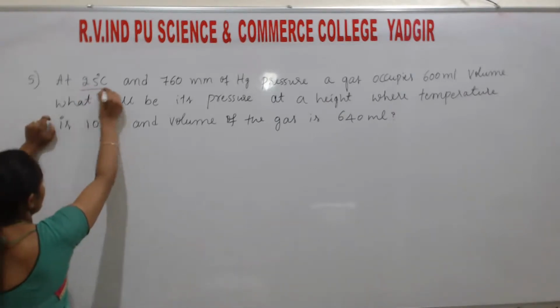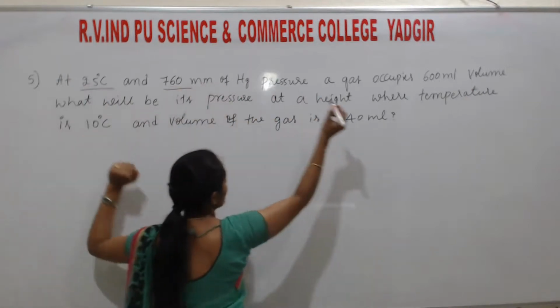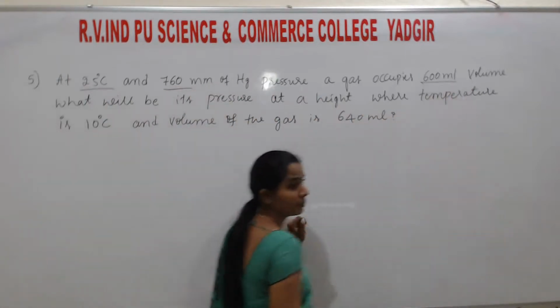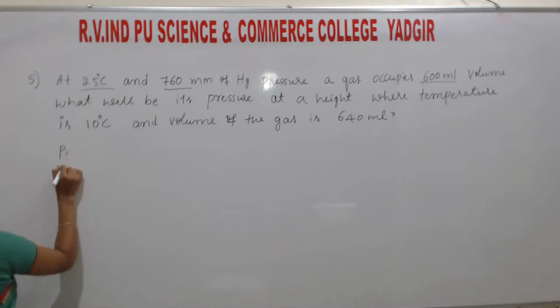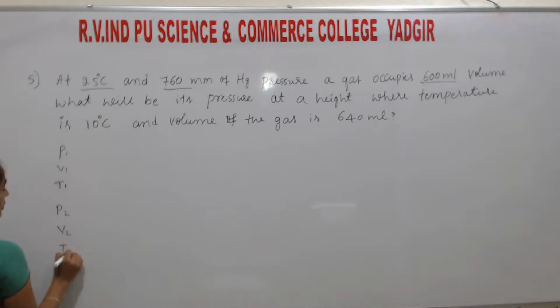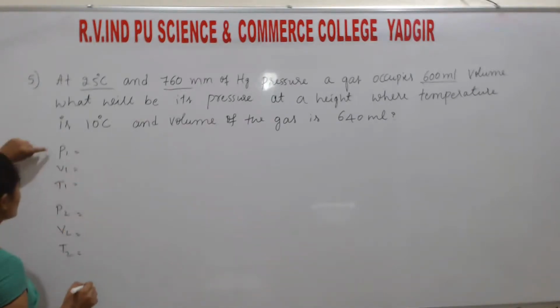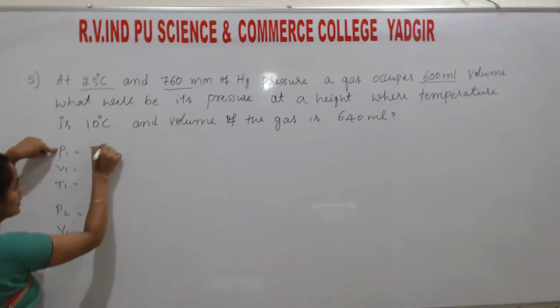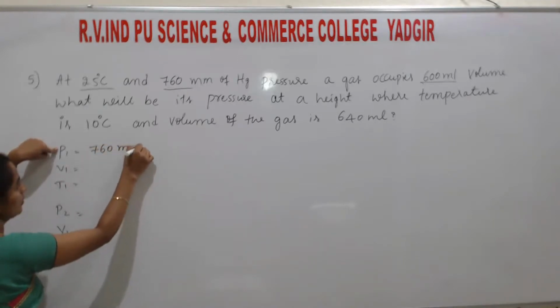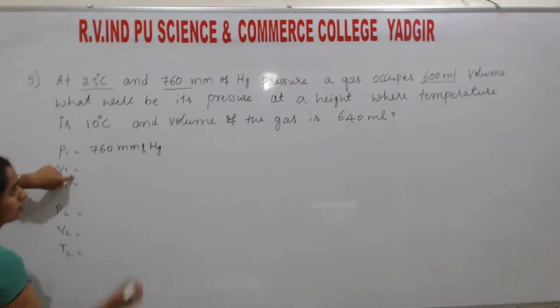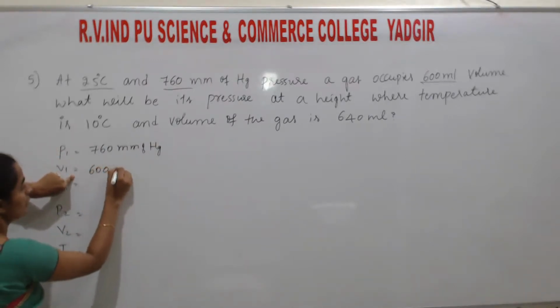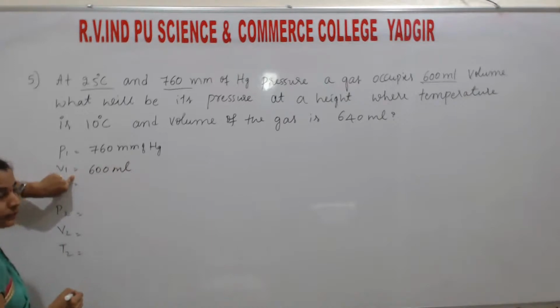Listen, here the given temperature, pressure as well as volume. Okay? So take here P1, V1, T1, P2, V2, T2. Understand students? P1 is 760 mm of Hg. V1 600 ml.